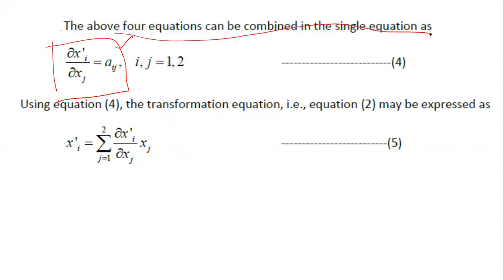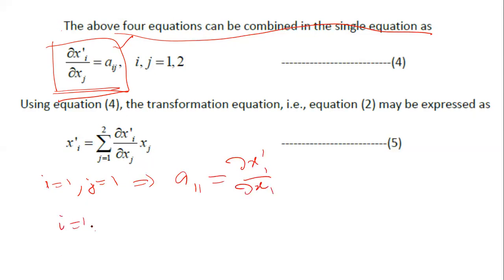You can combine it using this single relation that is called aij is equal to del xi prime upon del xj. Okay, so this simply means that if i is 1, j is 1, then you have a11, that is del x1 prime upon del x1.